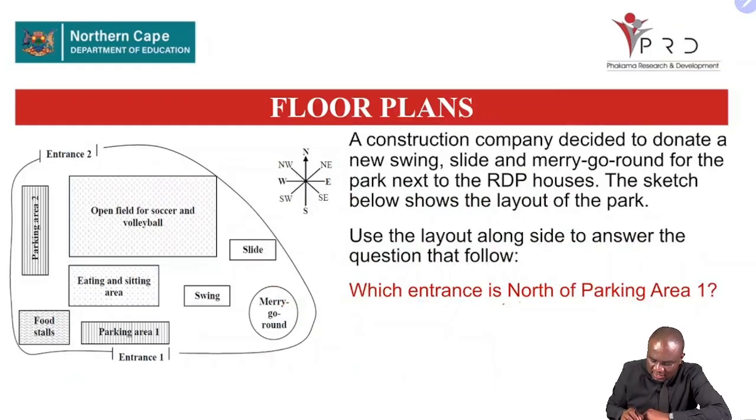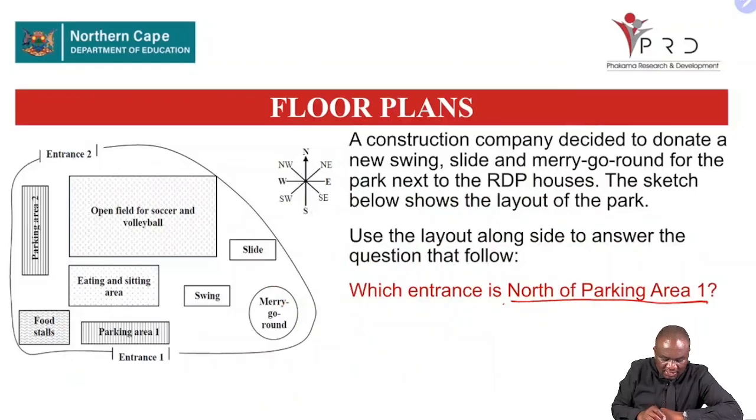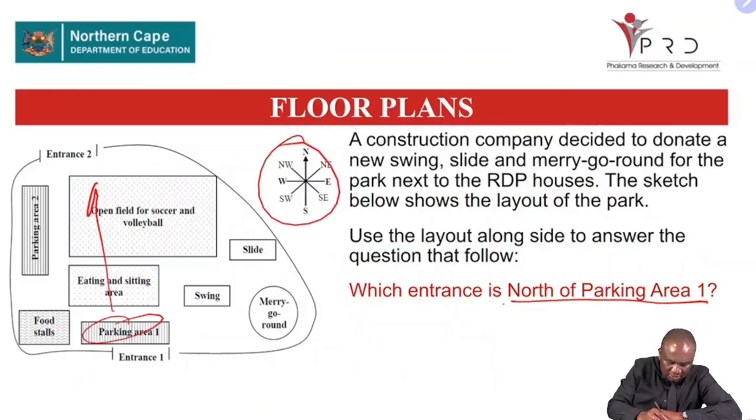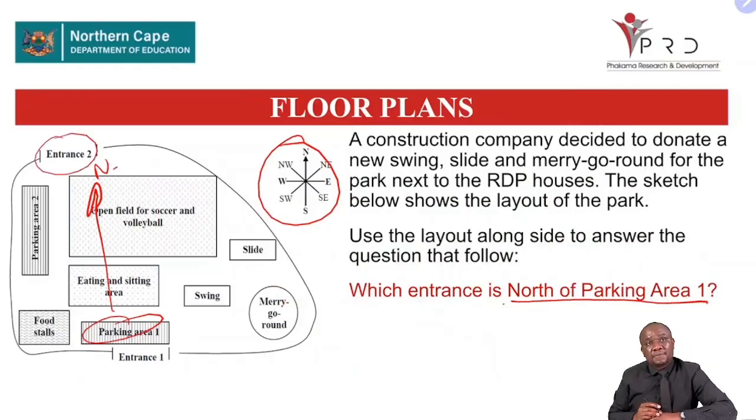Which entrance is north of parking area 1? Parking area 1 is here, and then the campus is here. So the entrance in the north, that's entrance 2. Please write that as your answer.